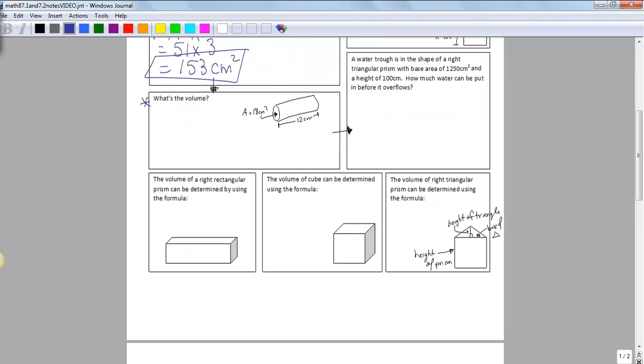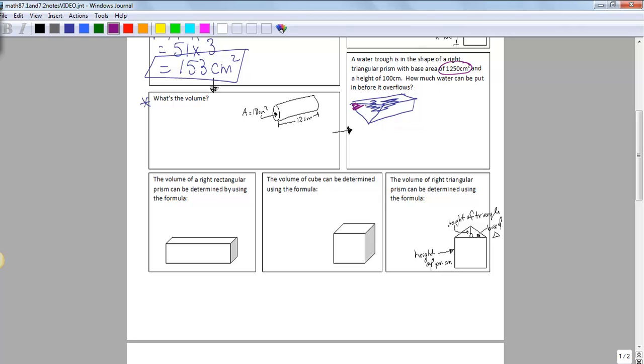Sometimes you're not actually given a picture, like in this example. It says a water trough is the shape of a right triangular prism with a base of 1,250 centimeters squared and a height of 100 centimeters. How much water can you put in it before it overflows? Imagine a trough that animals might feed at.